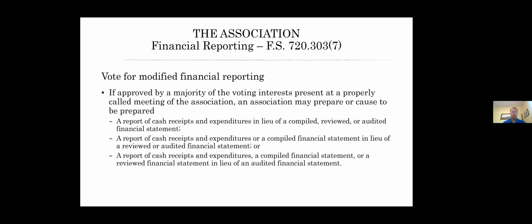And then they have to have that report, and again, here are each of the elements that the association needs to make available when the heightened financial report or the modified financial reporting was approved by the membership. Again, each of these slides are applicable to each of the individual associations based on their initial thresholds and then the heightened reporting petitioned requirement from the membership.